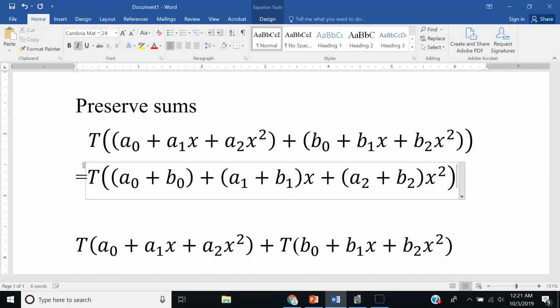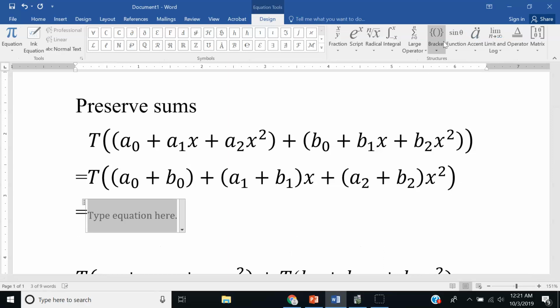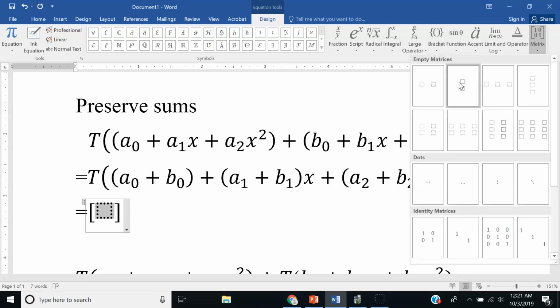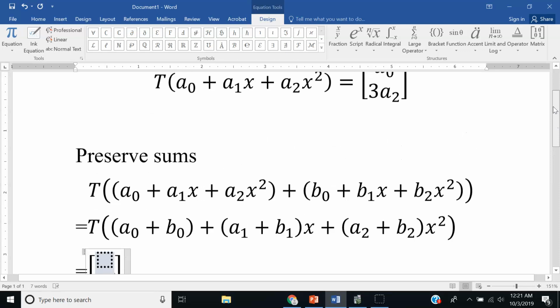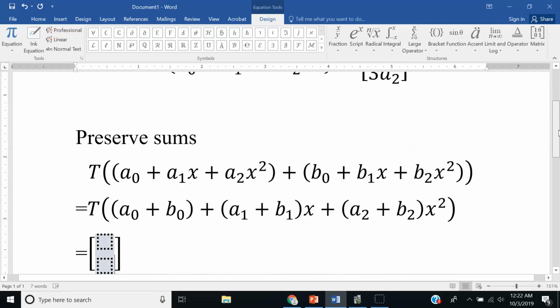What the rule tells me to do is that my transformation is going to throw out, I mean, I'm sorry, just the constant number in the first spot, and then 3 times the coefficient of x squared in the second spot.